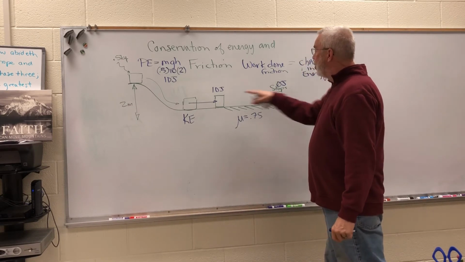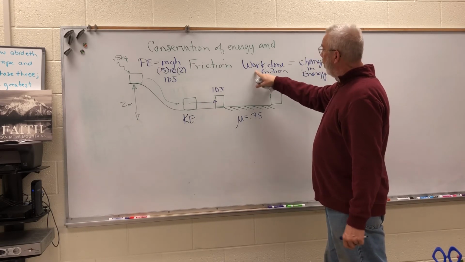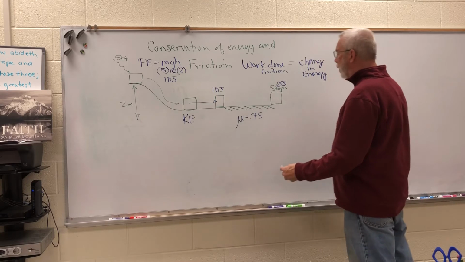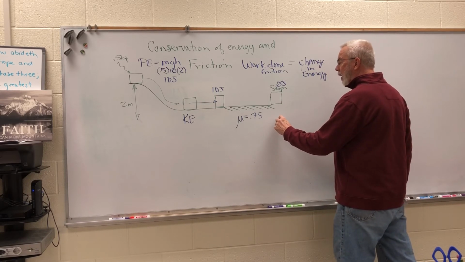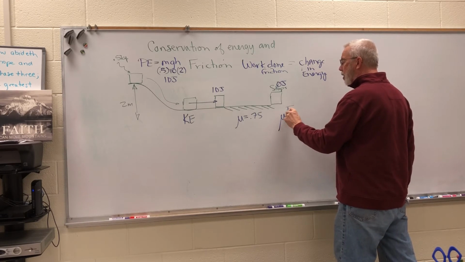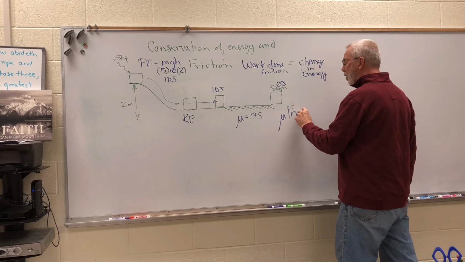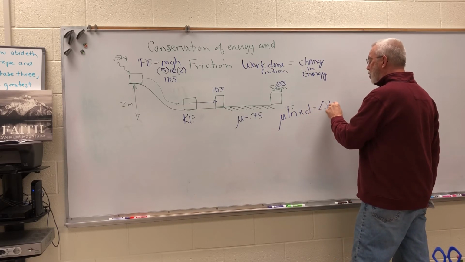So now the change in energy is going to be 10 joules. The work done by friction, we simplified this in class earlier, and we said that the work done by friction was going to be equal to the coefficient of friction times the normal force times the distance, which is equal to the change in energy.